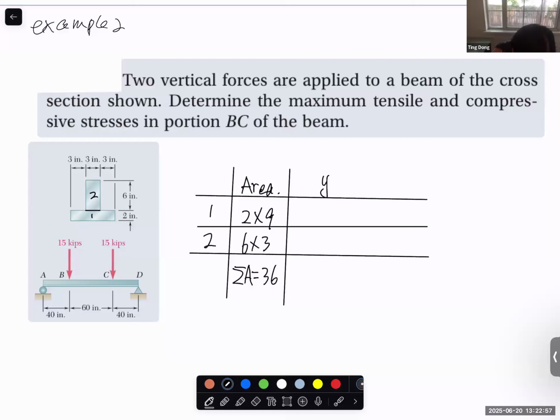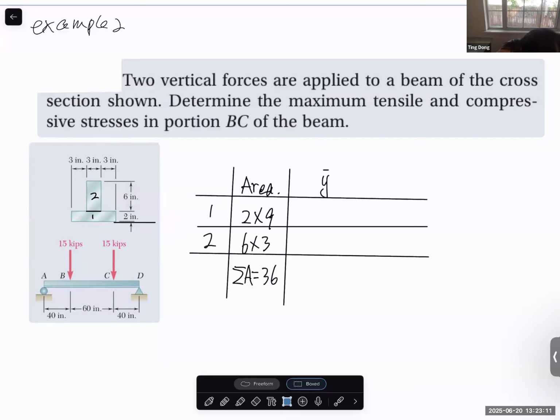And for the y, let's put this one as a reference line. This is not a neutral surface or anything. This is just a reference line for our calculation for finding the centroid. So y bar for area 1 is the distance of the centroid to this reference line, which should be equal to 1.